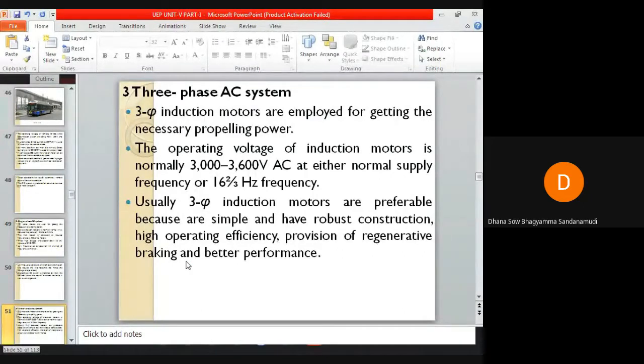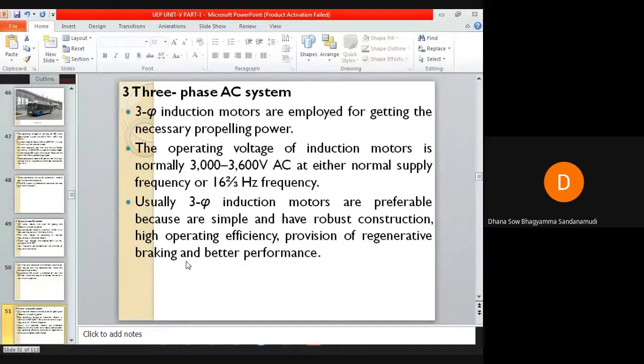Usually three-phase induction motors are preferable because they have simple and robust construction, high operating efficiency, and provision of regenerative braking.